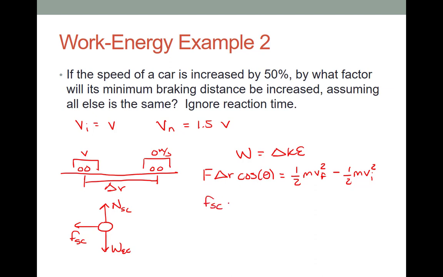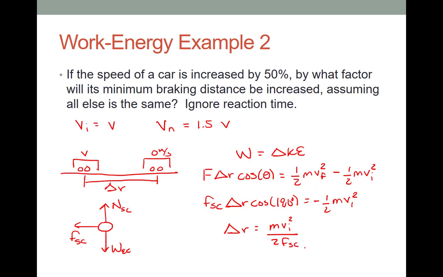So the friction between the surface and the car times delta r times the cosine of 180 degrees. v final is 0. That leaves me with 1/2 m v initial squared. And now I can solve for delta r. Delta r will equal m v initial squared over 2 times the frictional force.